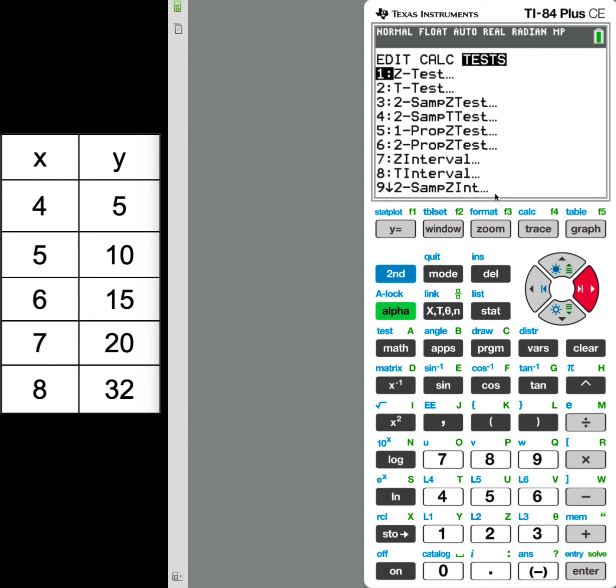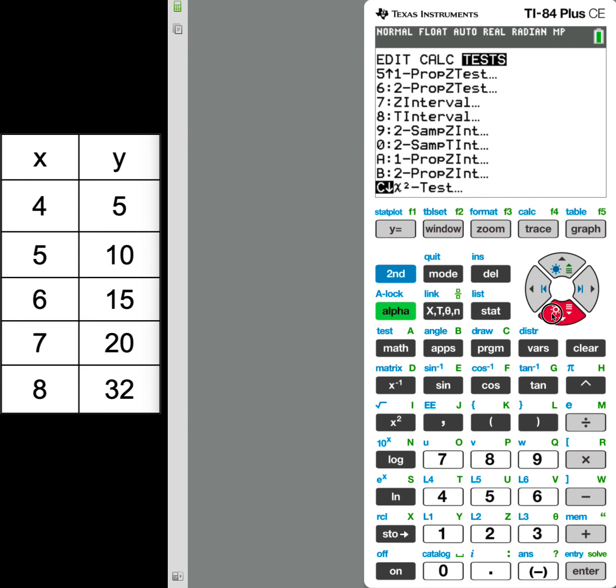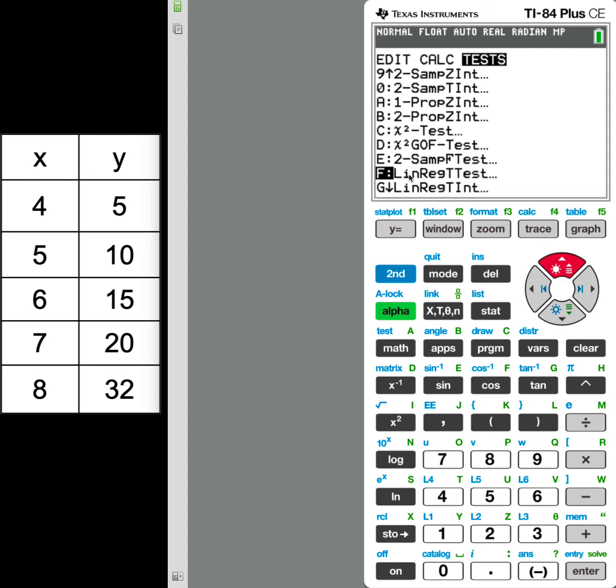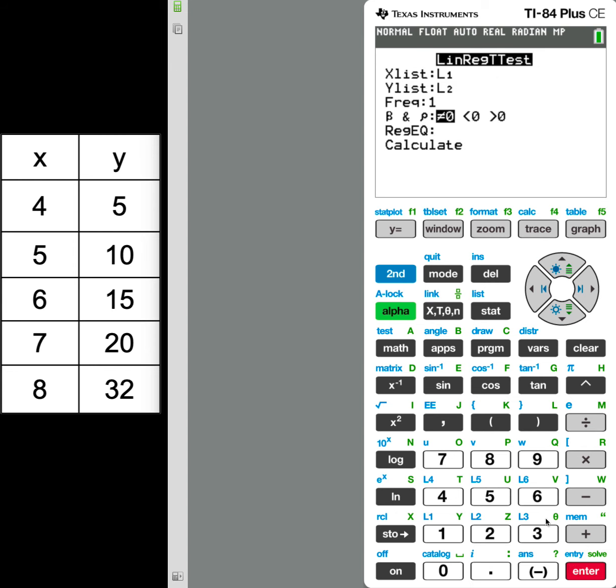This is where you would go when you're doing hypothesis testing, confidence intervals and such. I'm not doing that right now. I want to scroll down to LinReg t-test, linear regression t-test, because this is also going to do the hypothesis test for rho as well.